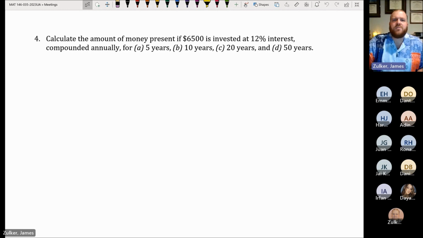Let me just double check that. It is an extra 1,000. It's after age 50. Okay. So 6,500 a year up to age 50, and then an extra 1,000 after that.